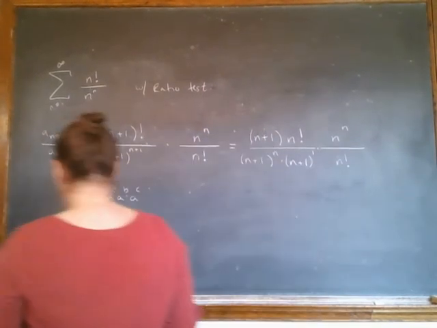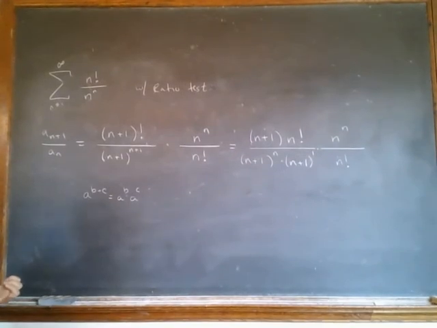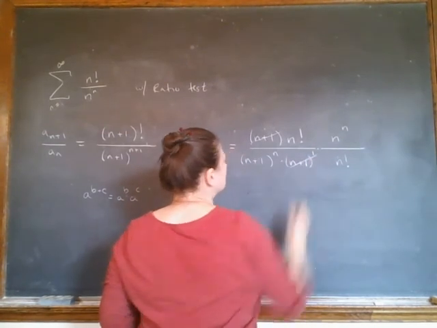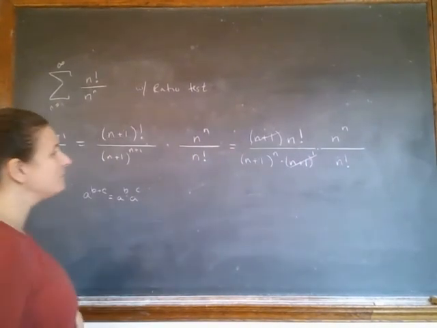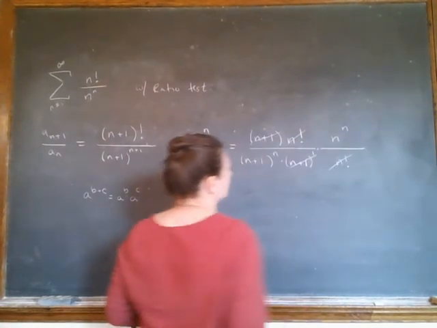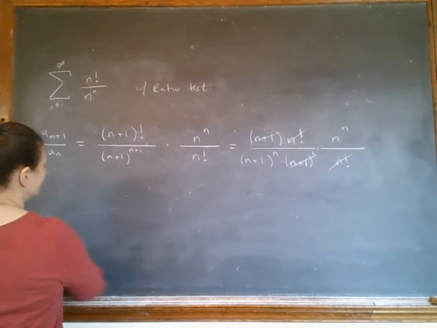I did that for a couple of reasons. The first reason is that then my n plus 1 goes away, so that's nice. And the other thing is that my n's go away. So what I end up with is this.